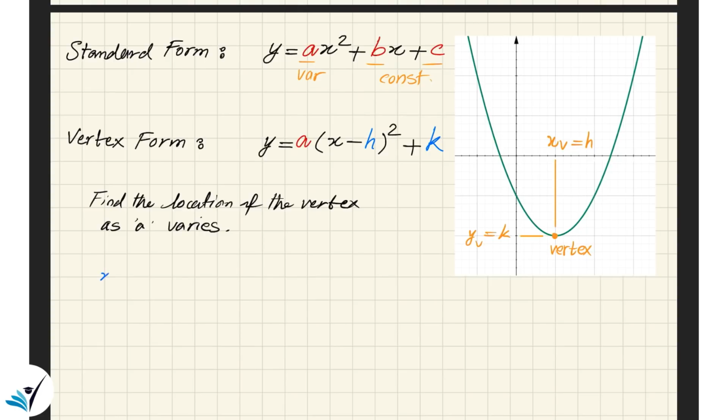We know x sub v is equal to h, which is equal to negative b divided by 2a. We can multiply both sides by a divided by x sub v.